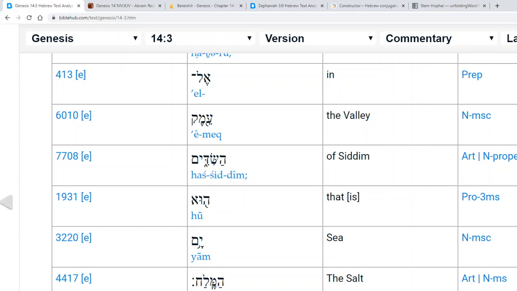Literally in Hebrew, the Salt Sea, right? Today it's called the Dead Sea. And yam means sea. It has the article because this is one construction. This is one smichut, sea and salt. So it is the sea of salt, right?